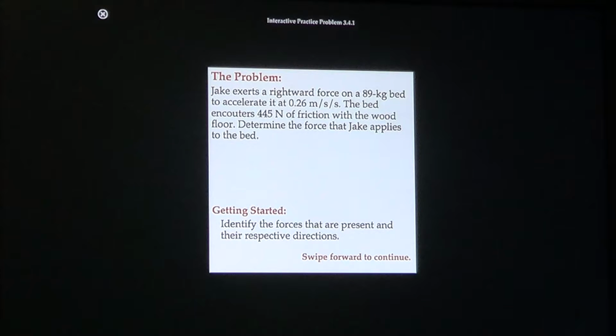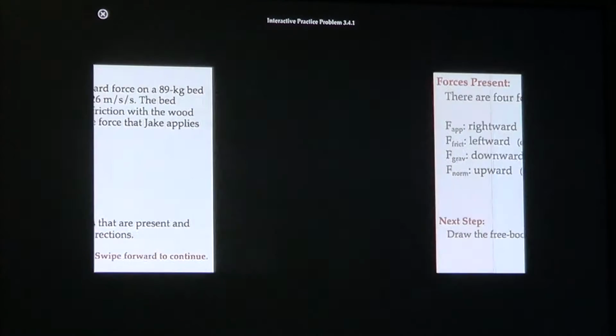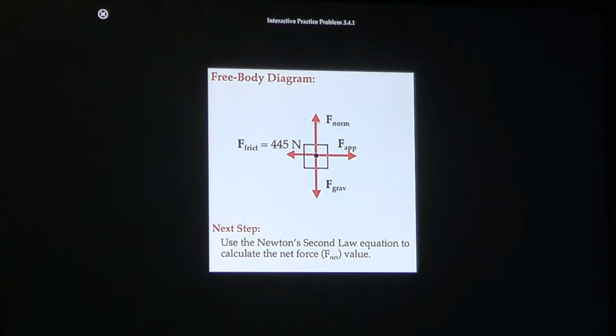It doesn't say. Well, if the acceleration is positive, then we can say that it's moving to the right. So yes, we would add it to the friction to get the applied force.